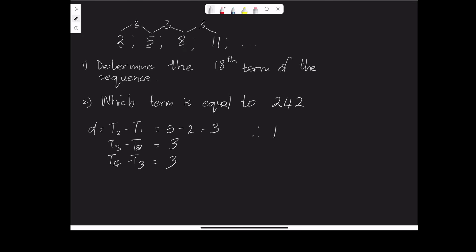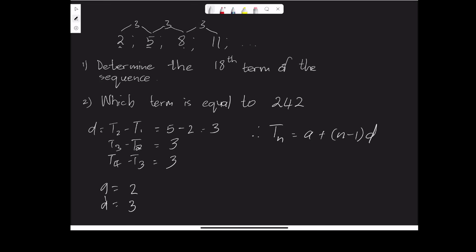And once it's an arithmetic sequence, we know that our formula Tn equals A plus n minus 1 times D is applicable. We know our A value is 2, and we've determined our D value is equal to 3.